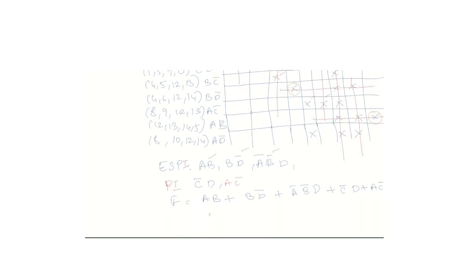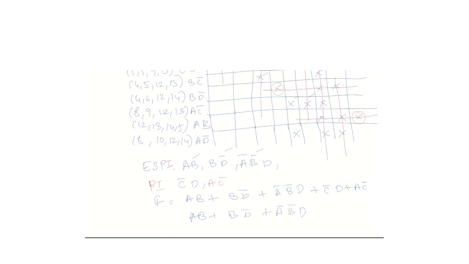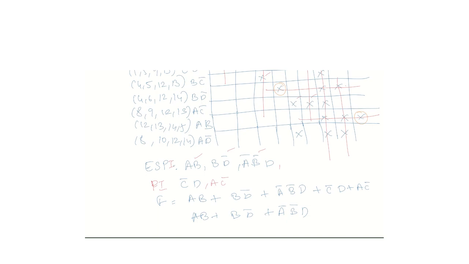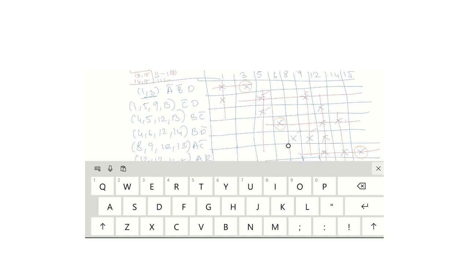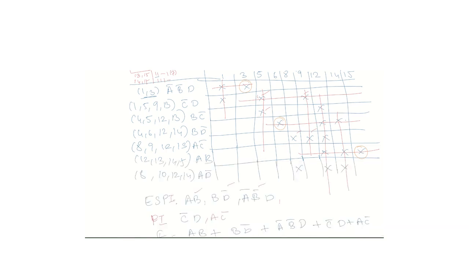Now if I had chosen something else, my function would have changed. So if I had chosen, let's say AC bar first, what would be my expression? I'll change the color of the line so that you can see it.